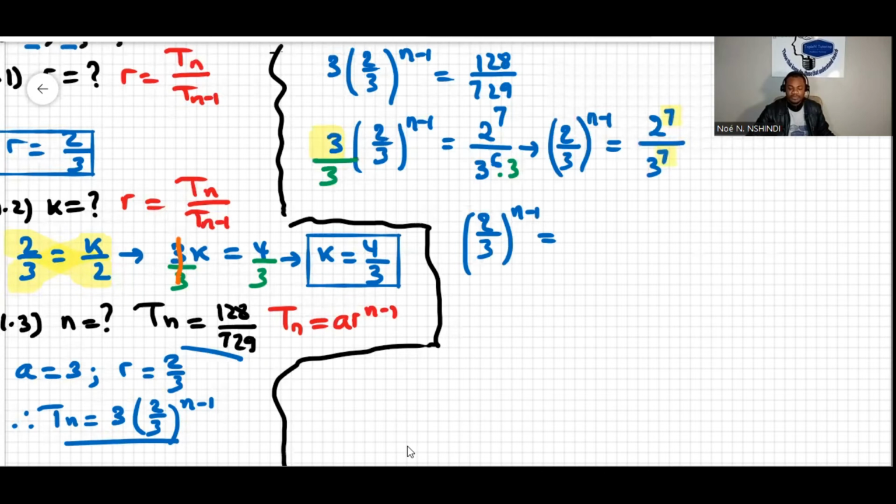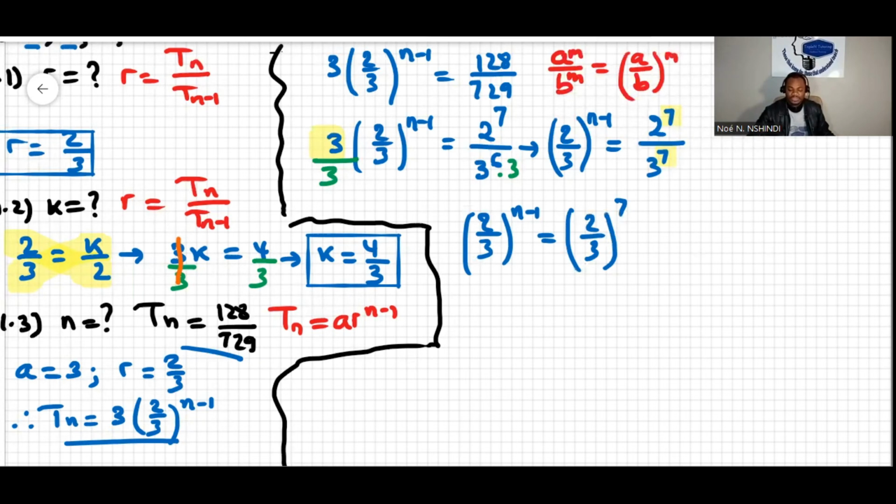I can just write it in brackets, 2 over 3 to the power of 7. There's a law that says a to the power of m over b to the power of m is equal to a over b to the power of m, one of the laws of exponents.